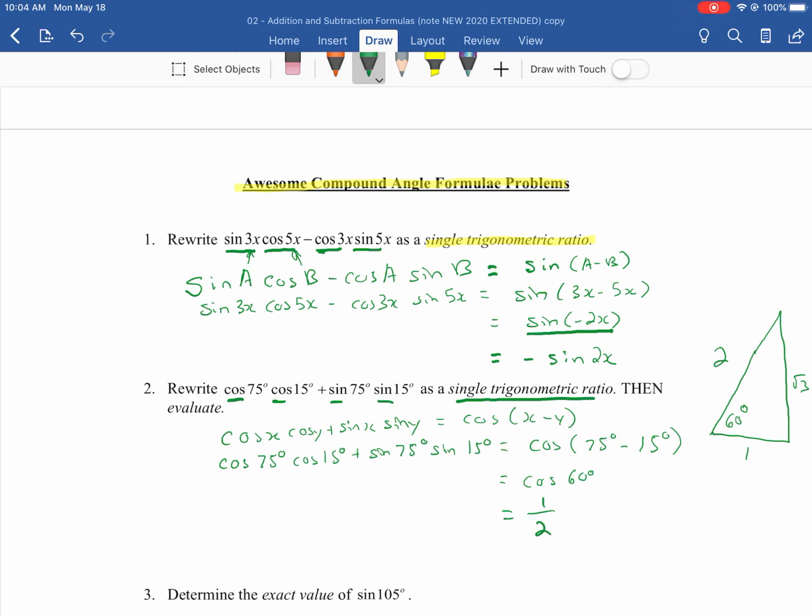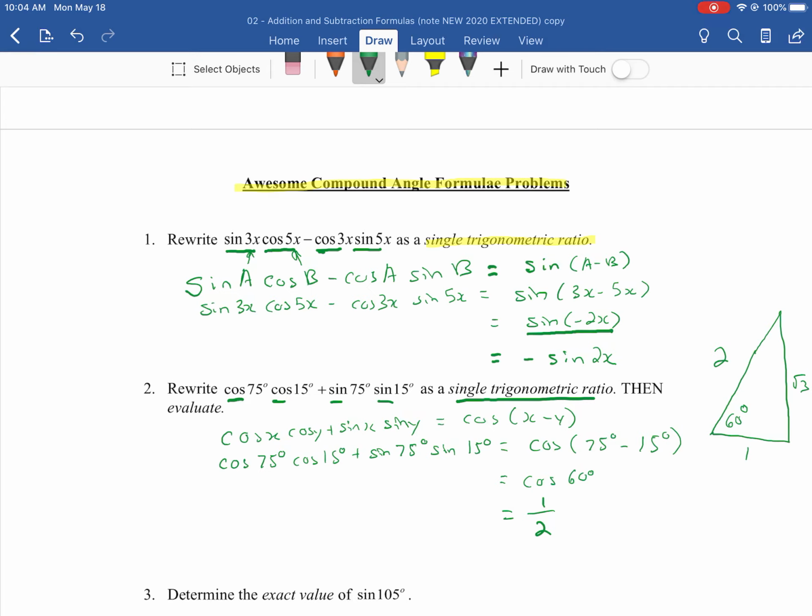And now I'm ready to do cos of 60 degrees, adjacent over hypotenuse, 1/2. After all that crazy work, the answer here is 1/2. Maybe giving you a hint of why we do these type of things. Sometimes complicated trigonometric expressions become nice, easy numbers that we can use, or nice, easy expressions, simplifying things down nicely.